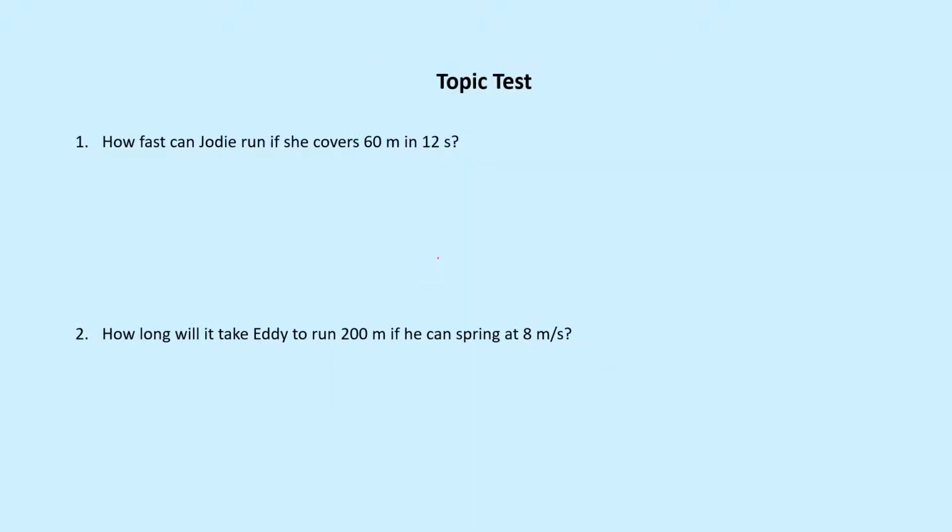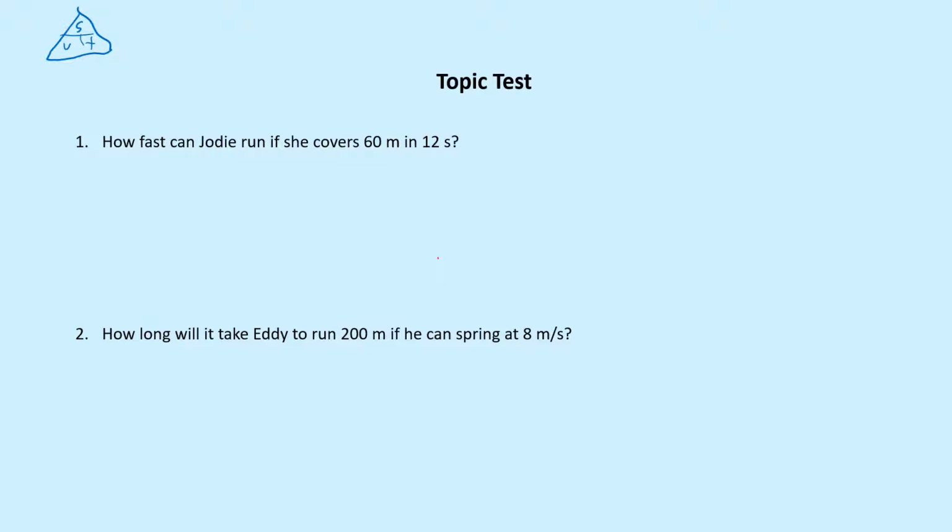I know that there are plenty of students who, when they go to do a topic test, will write this equation in the top left-hand side of their topic test. They'll just give themselves a reminder, SVT, at the start of the test. And that's a great strategy to use to try and answer questions.